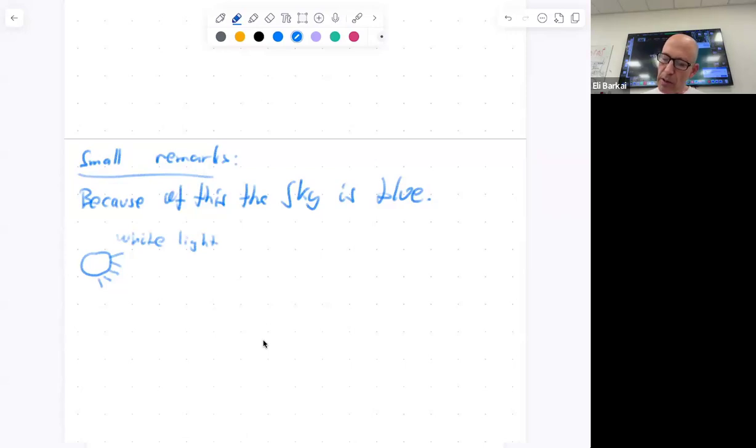But then this light travels, this is Earth, and then it gets scattered. It gets scattered from what? It gets scattered from small molecules, maybe O2 or many other molecules.